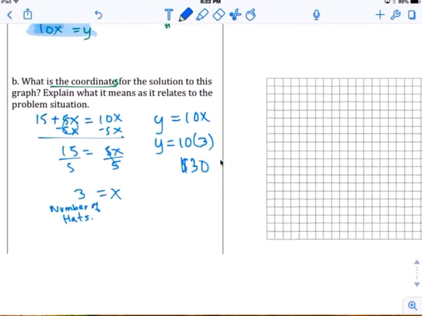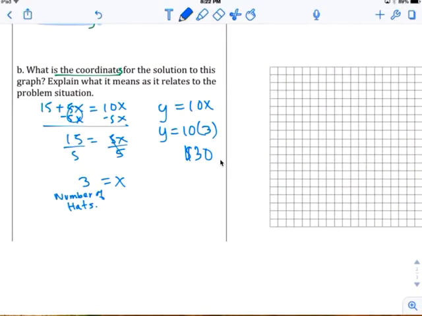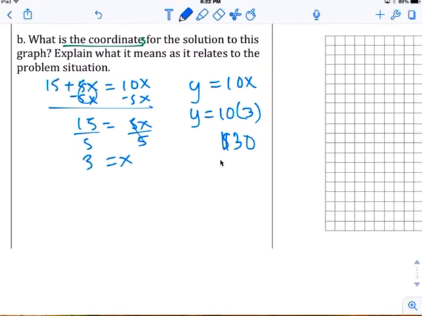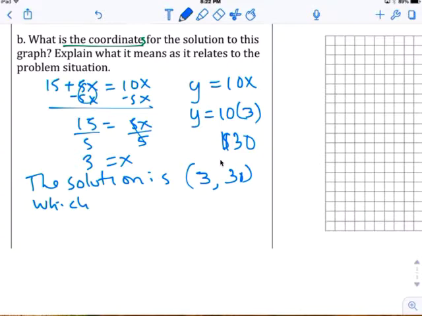Explain what it relates to the problem situation. Okay, well, let me write this. X equals 3. The solution is 3 hats for $30, which means it cost $30 to make 3 hats.